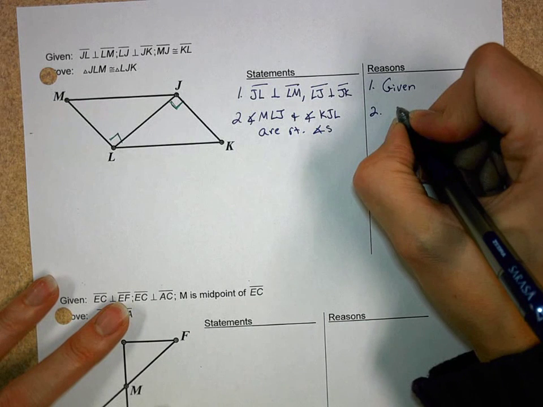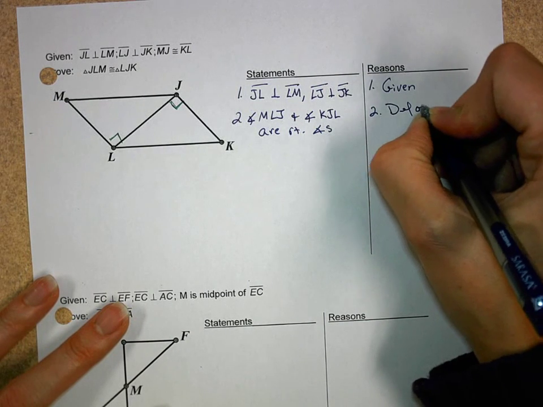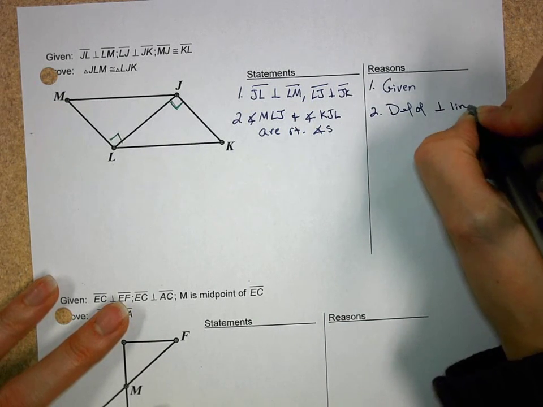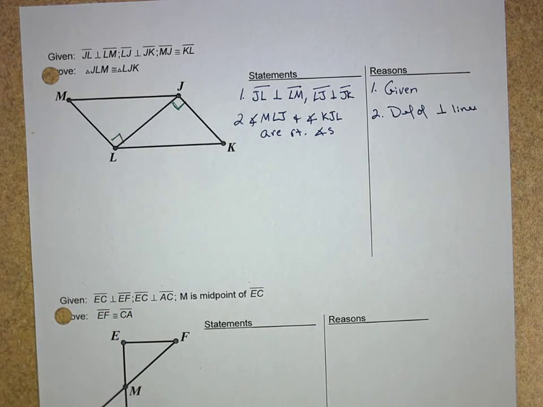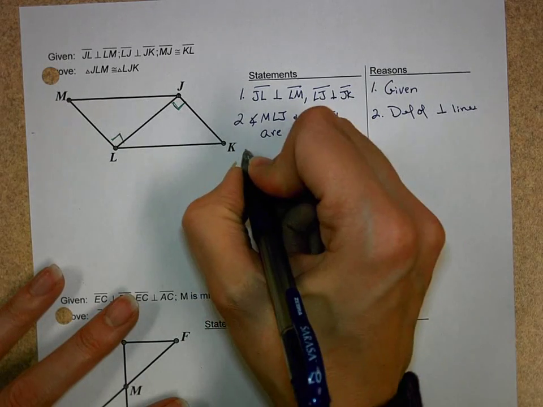And so we know that by the definition of perpendicular lines. So we know what perpendicular means. Now, we have to decide if this is going to be hypotenuse leg, or maybe like angle side, or side angle side, or whatever. So it's really hard to do the next step.